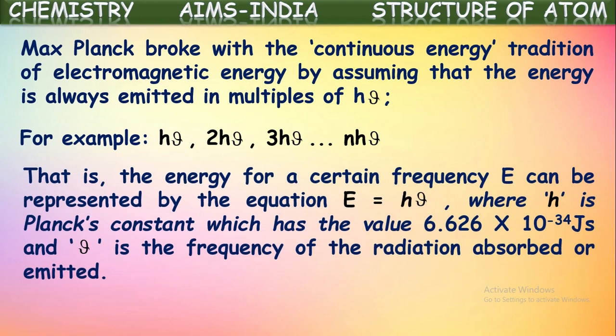That is, the energy for a certain frequency can be represented by the equation E = h nu, where h is Planck's constant, which has a value of 6.626 x 10^-34 joule second, or 6.626 x 10^-27 erg second. And here nu is the frequency of radiation absorbed or emitted. The energy of a certain radiation is given by the equation E = h nu, where h is Planck's constant and nu is the frequency of that radiation.